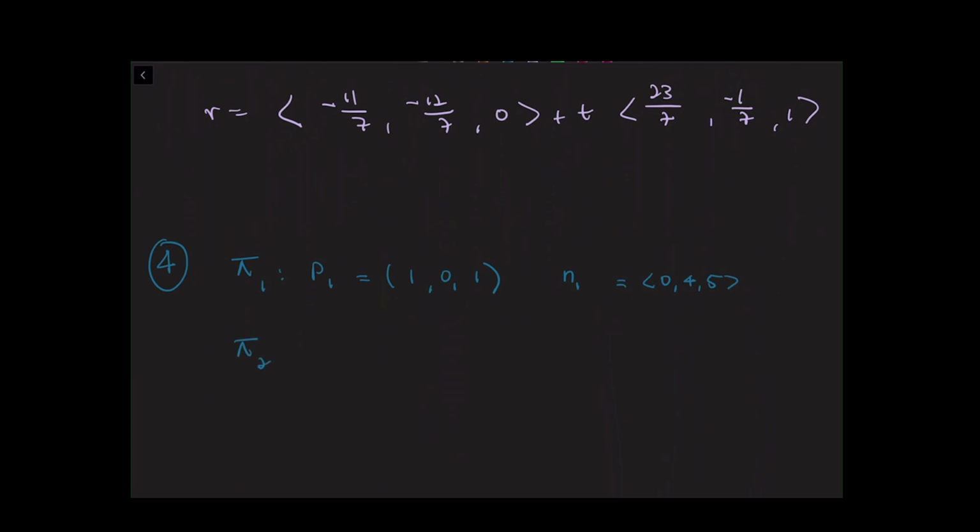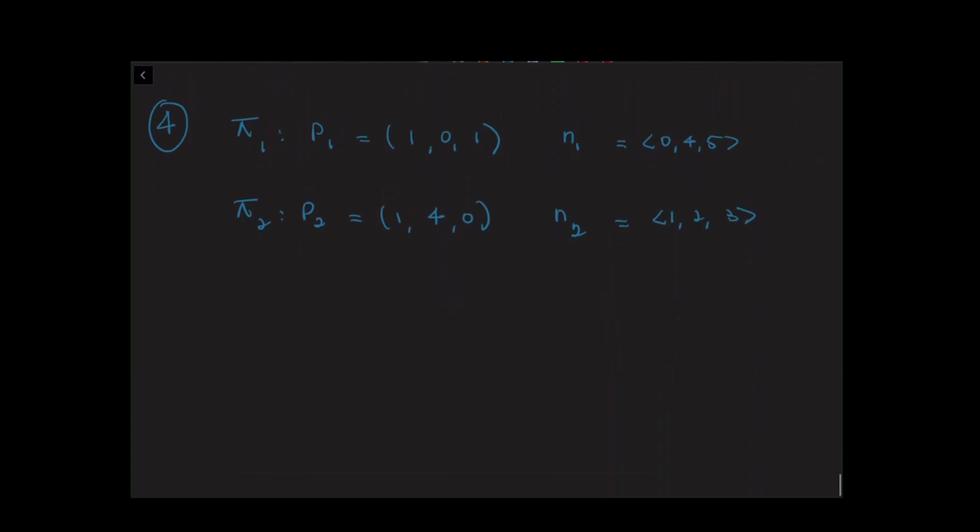Pi 2, we have 1, 4, 0, and we have n2, which is 1, 2, 3. So they are not parallel.